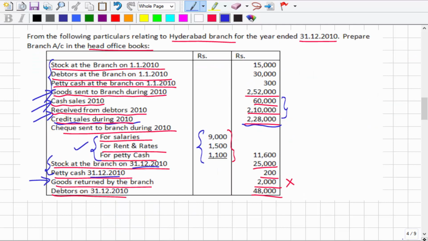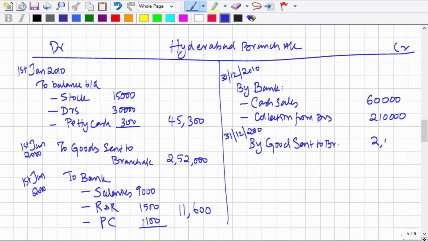And what is the amount? Amount is 2,000. So when goods are sent by HO to branch, the entry is branch account debit to goods sent to branch, and when it is returned by the branch, the opposite entry, goods sent to branch account.